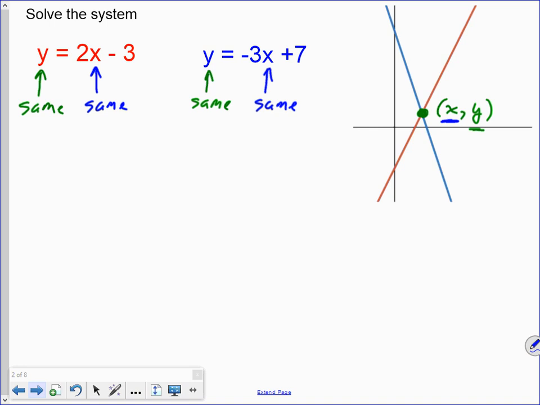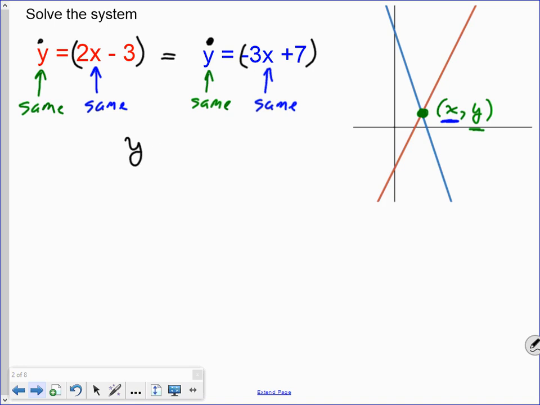Well, if this y here and this y here are the same, and this y is equal to 2x minus 3, and this other y is equal to negative 3x plus 7, then we can set these things equal to each other.